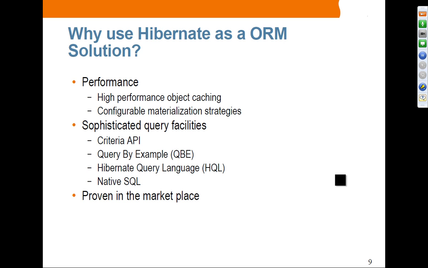JPA, as we are going to learn later on, provides what is called a pluggable persistence provider architecture, which means you can pick and choose a proven persistence provider. So you can use the Hibernate engine as a persistence provider. You take advantage of all the proven performance and scalability while maintaining your code in a portable fashion using the JPA API. That's typically the trend that is being recommended.